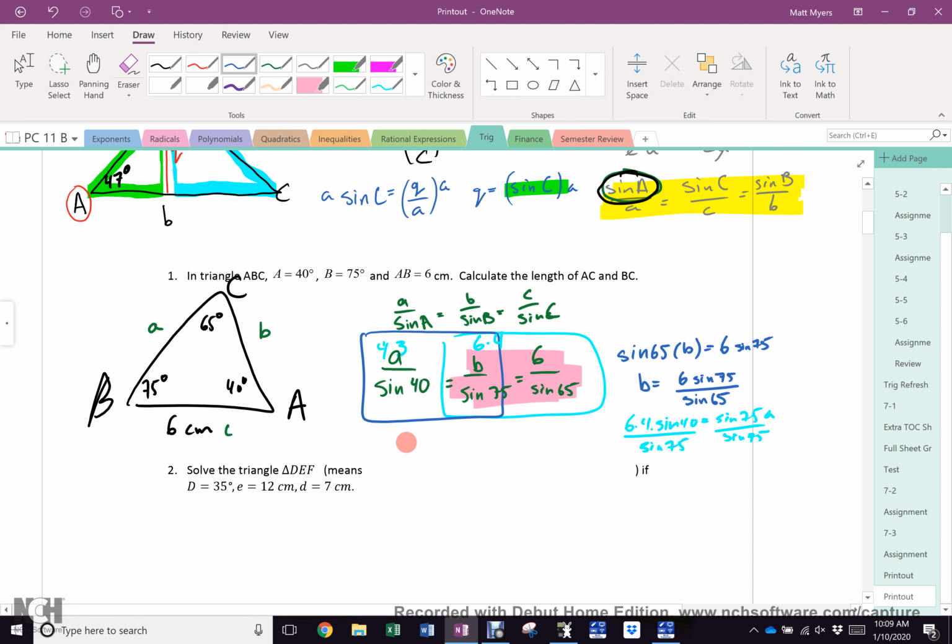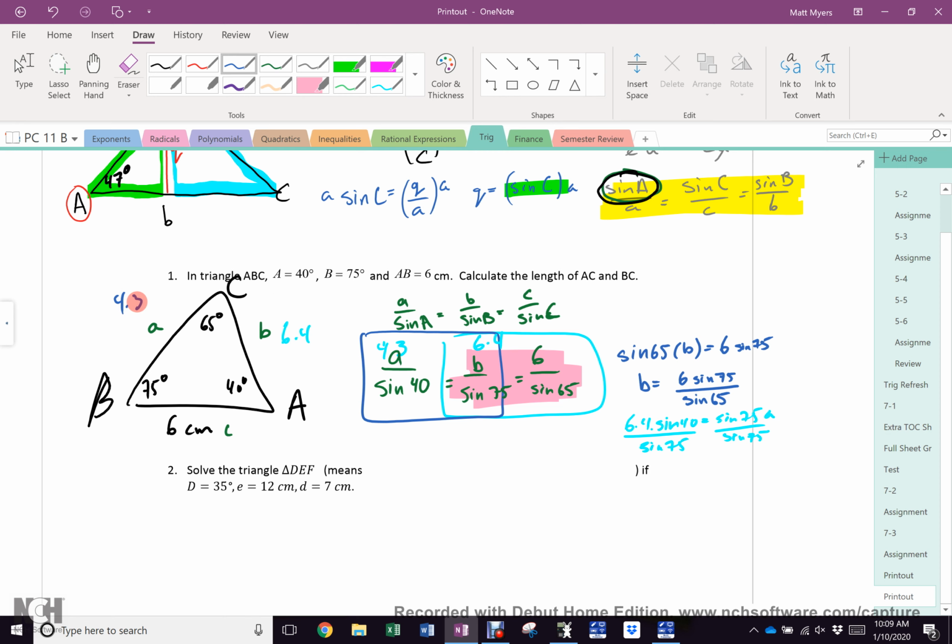Everybody cool? Now, we need to check our work. This was 6.4. This was 4.3. Now we check. The largest side has to be across from which angle? The largest angle. Is it?